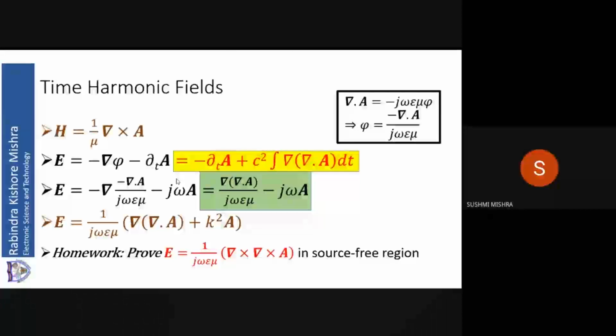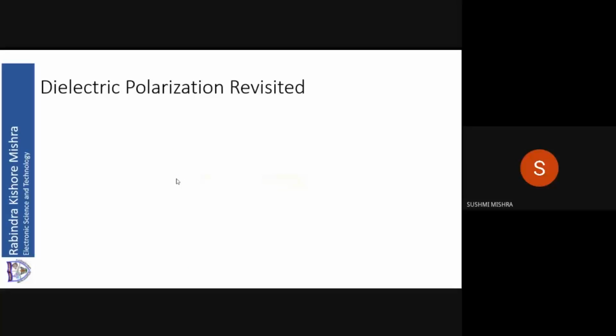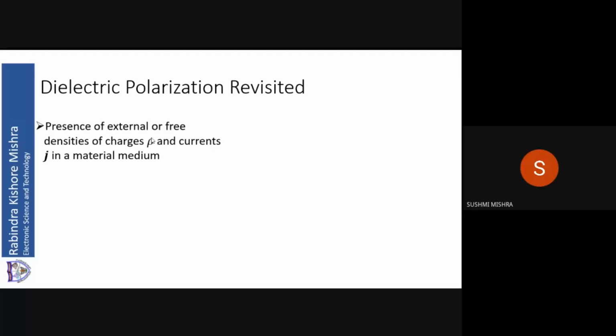So let us go back to what you have studied in your school days or early college days. Let us look at the dielectric polarization. So revisit the dielectric polarization.